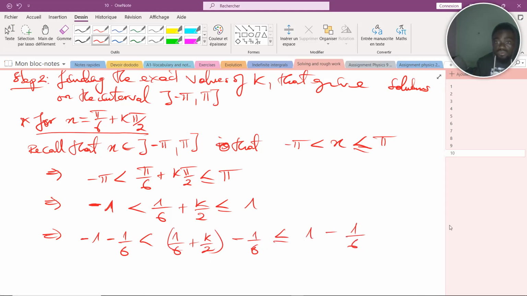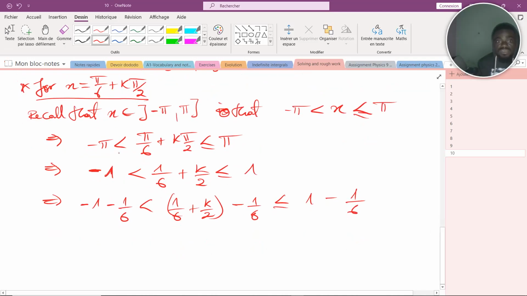Is that okay? That does not change the inequality sign. Even when we divide by pi, pi is a positive number, so it does not change the inequality sign. So this gives -7 on 6 less than k on 2, less than or equal to 5 on 6.